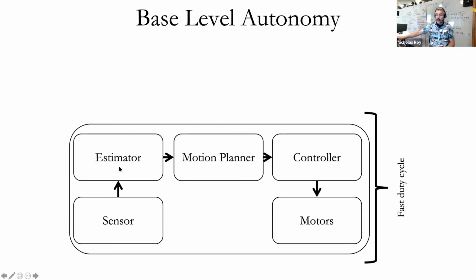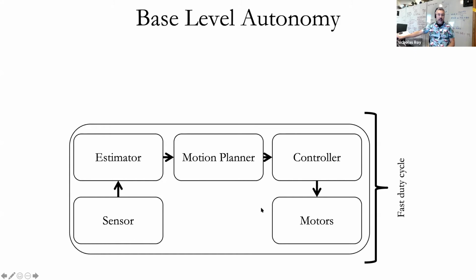It's doing mapping as well. And that state estimate is given to a motion planner that constructs a trajectory that hopefully gets the robot closer to its goal while avoiding collisions and other bad things. That reference trajectory is given to a controller, which has to follow it, and then that controller outputs commands to the motors. And this works extremely well. But this is the thing that gets a robot from point A to point B in the configuration space.